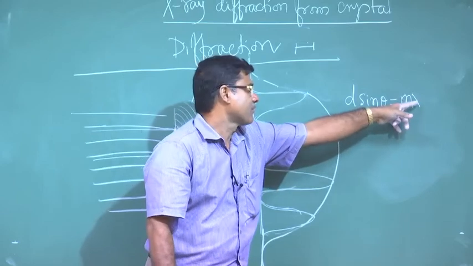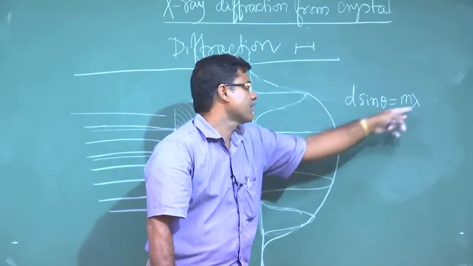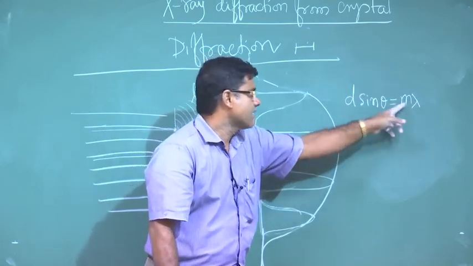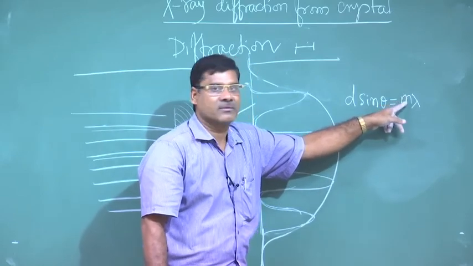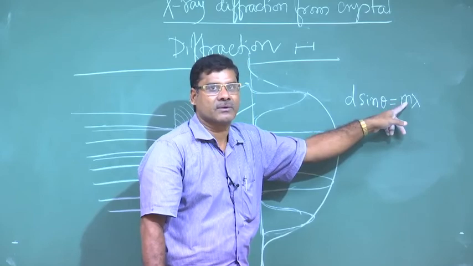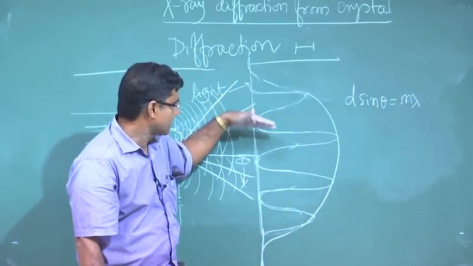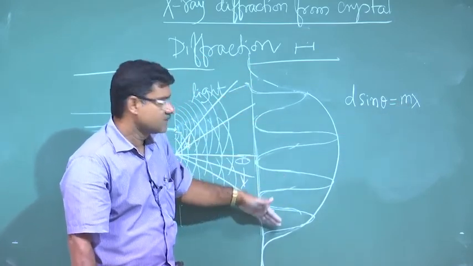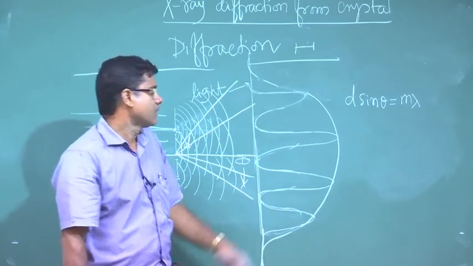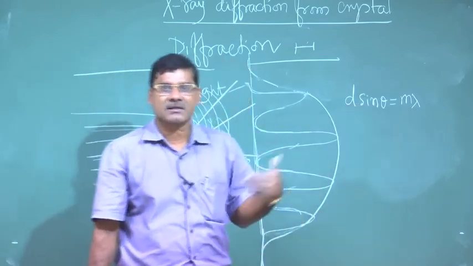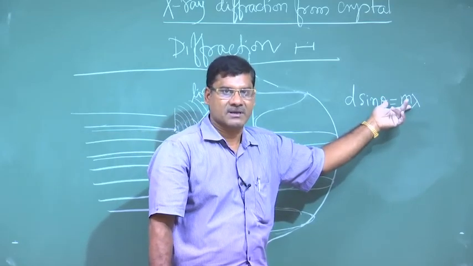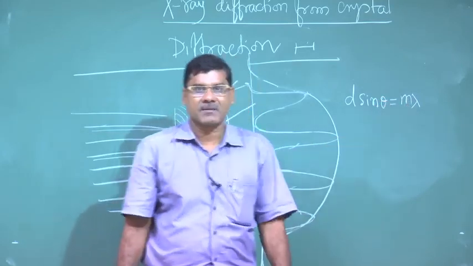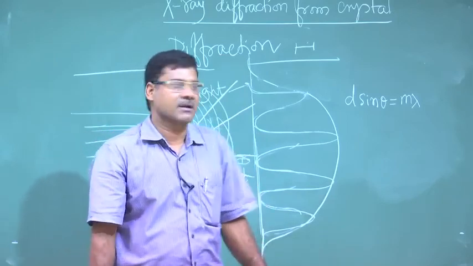For a particular wavelength, whenever this condition is satisfied, we get different maxima, for m equal to 1, 2, 3, 4. We get many maxima depending on the order, where m is the order of the interference or diffraction: m equal to 1 is first order, then second order, third order peaks.